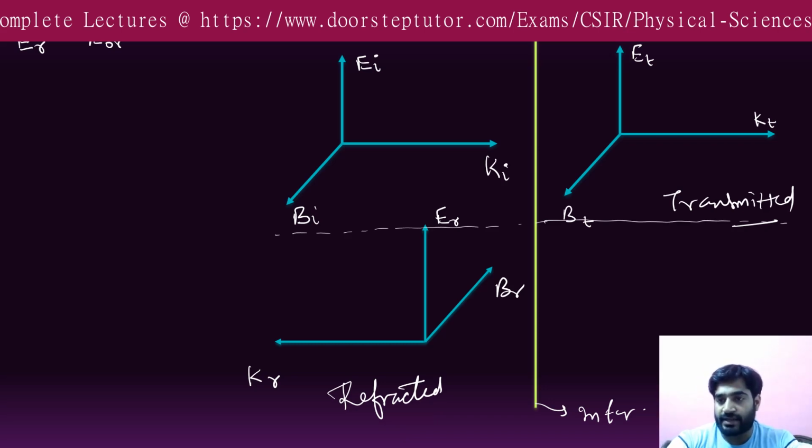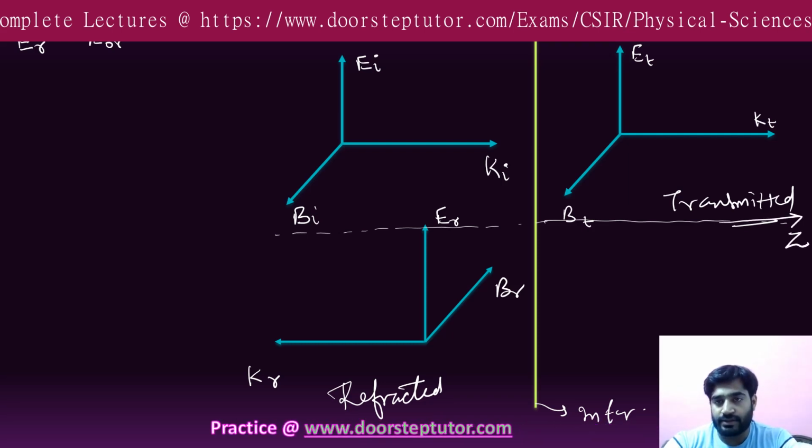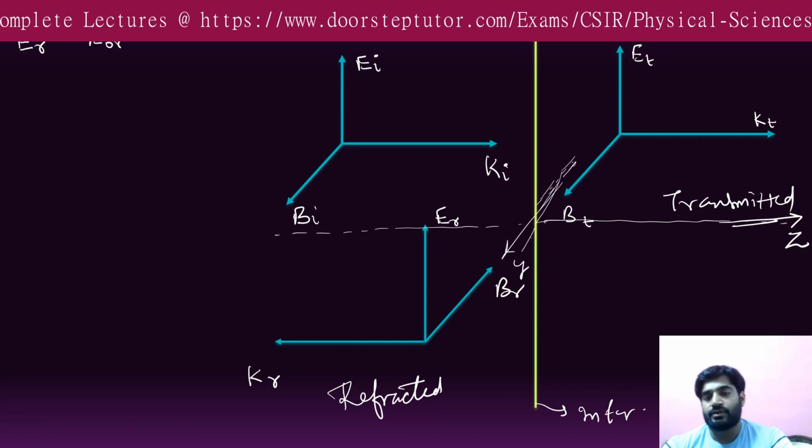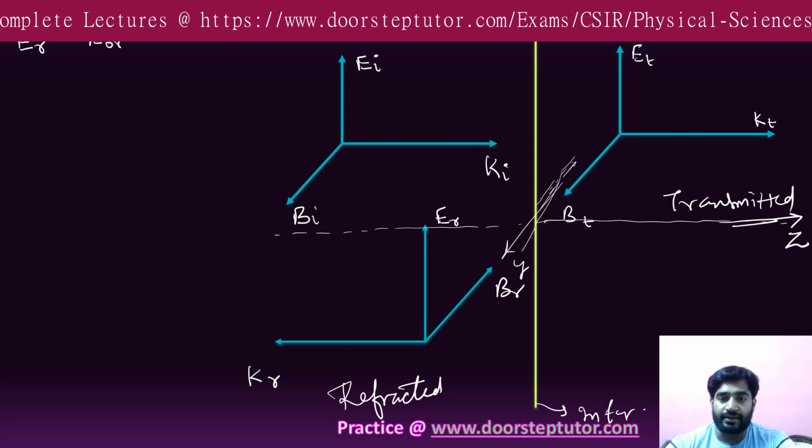This is the Z axis, this is the X axis, and this is the Y axis in the 3D plane. So in this 3D pattern these are divided, that's why it's a minus Kr.